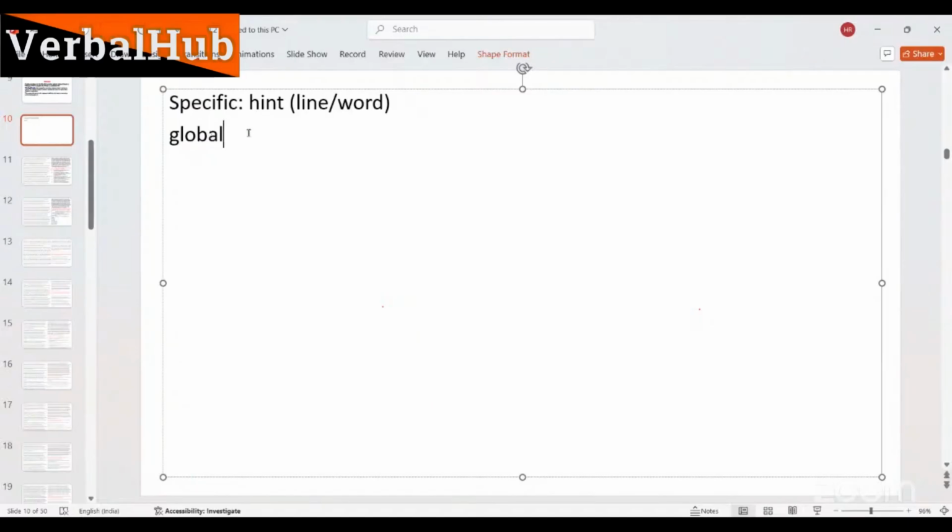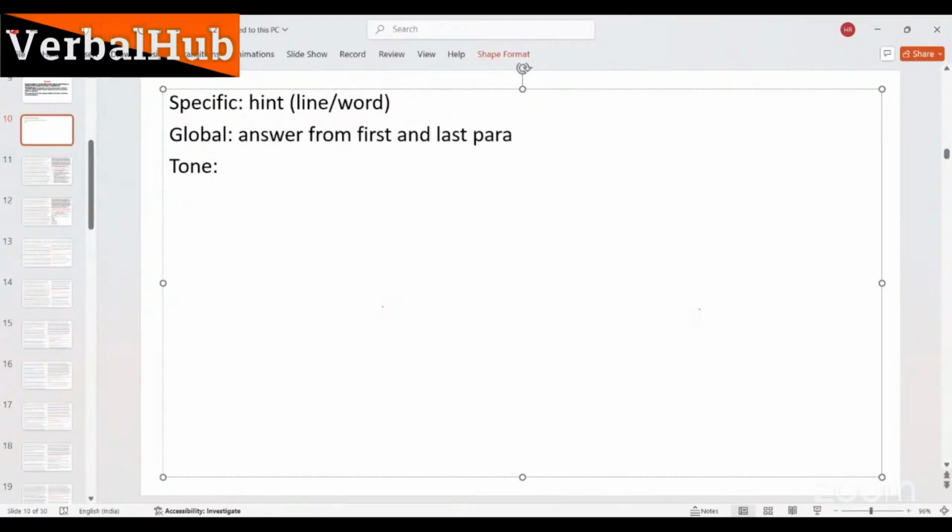It depends on your choice, because global has no connection with specific and specific has no connection with global. Global means the answer comes from the first and last para. In case of specific, it is the nearby given line. In case of global, it is always first and last.